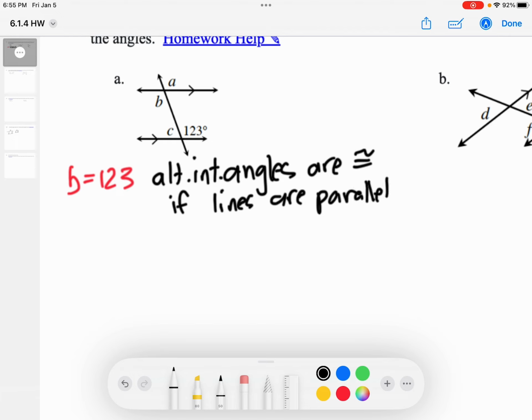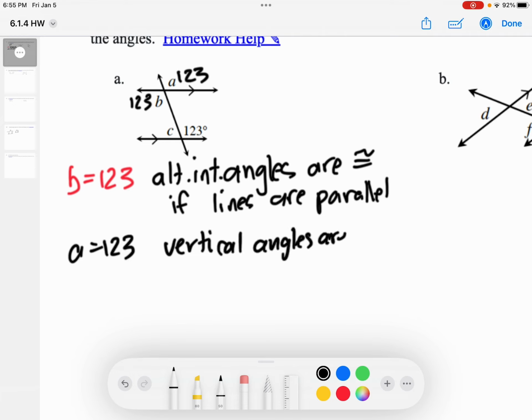Okay, so if B is 123, let's see, what else can we deduce? A is across from B. It is vertical. So A is also going to equal 123 because vertical angles are congruent. All right, which leaves us C, and I see two different ways I could think about this.